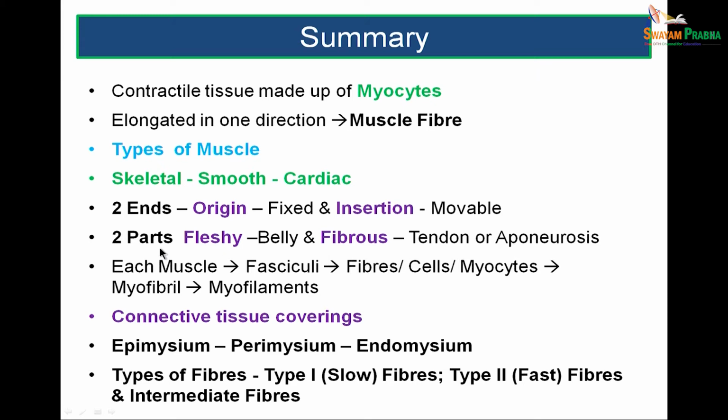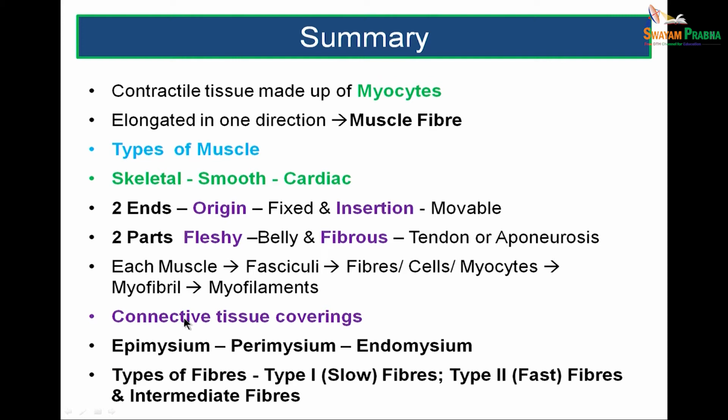We broke down muscle into smaller components, saying that each muscle is made up of groups called fasciculi, further broken down into fibers, cells or myocytes, each having myofibrils and each myofibril having regularly arranged myofilaments.